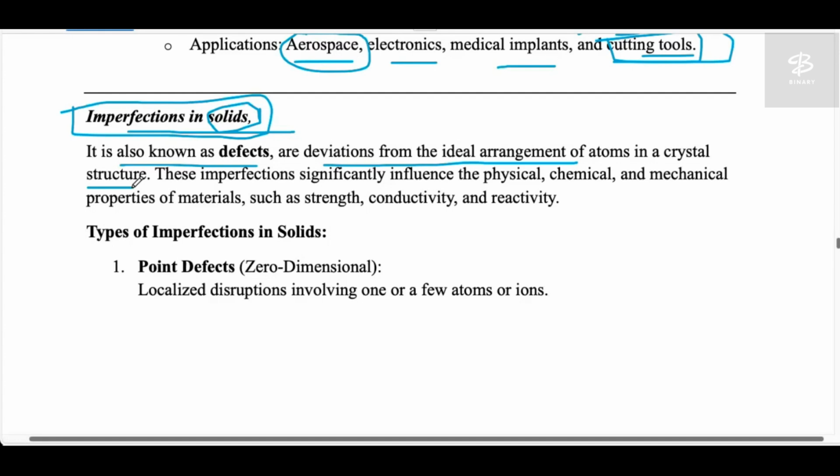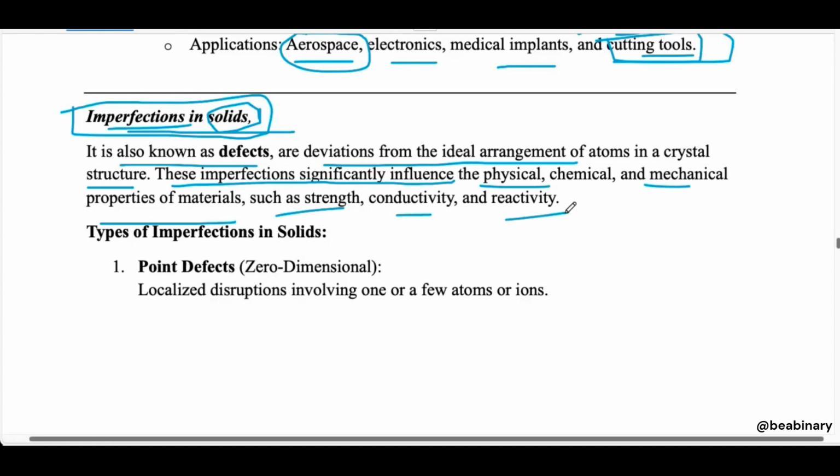Whatever perfect example you take, there would be some kind of difficulty or defect. That defect is known as imperfection. So these imperfections significantly influence the physical, chemical, and mechanical properties of the material, such as strength, conductivity, and reactivity.